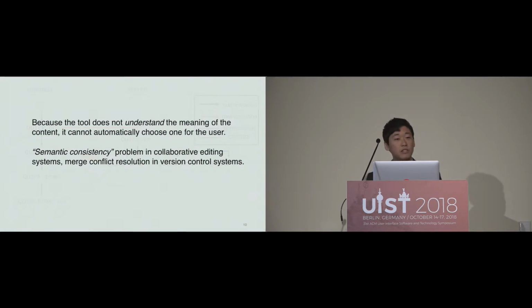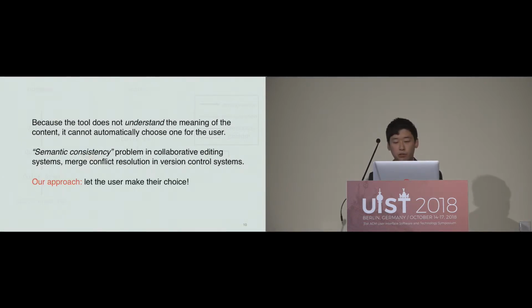It turns out that the system cannot automatically choose the right one for the user because it doesn't understand the semantics of the content. This is synonymous with the semantic consistency problem in collaborative editing research. Or if you're familiar with version control systems, this is somewhat similar to merge conflict resolution.